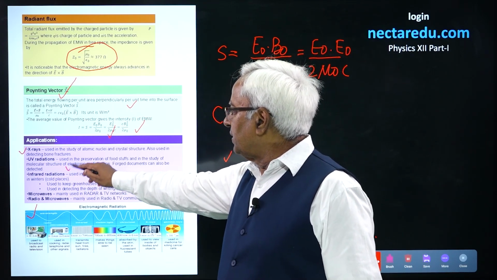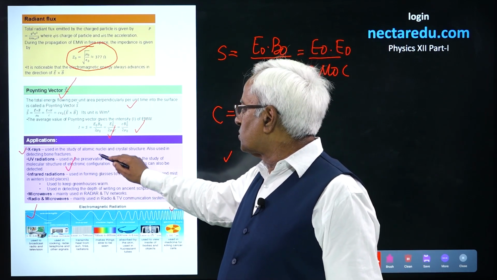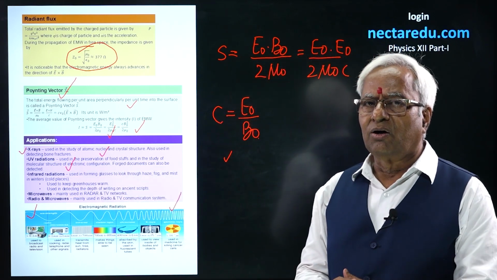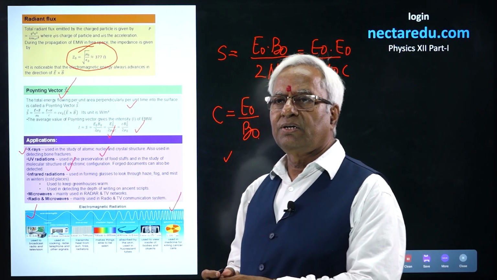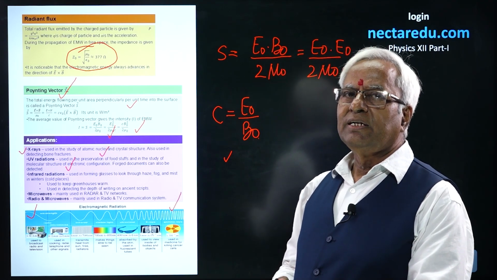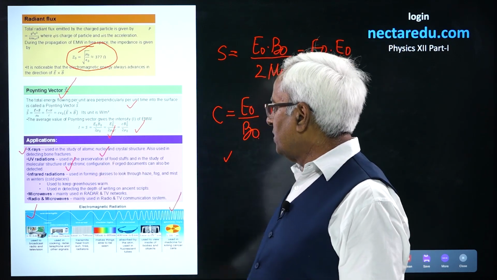Ultraviolet radiations are used in preservation of foods and in the study of molecular structure or electronic configuration. If some forged documents are there in offices, they could be easily detected with the help of ultraviolet rays.